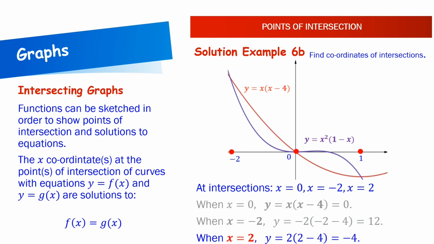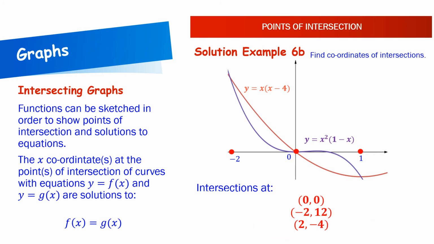And when finally x equals plus 2, substituting into either of the equations, we get y equals minus 4. And therefore, the curves intersect at 0, 0, minus 2, 12, and 2, minus 4.